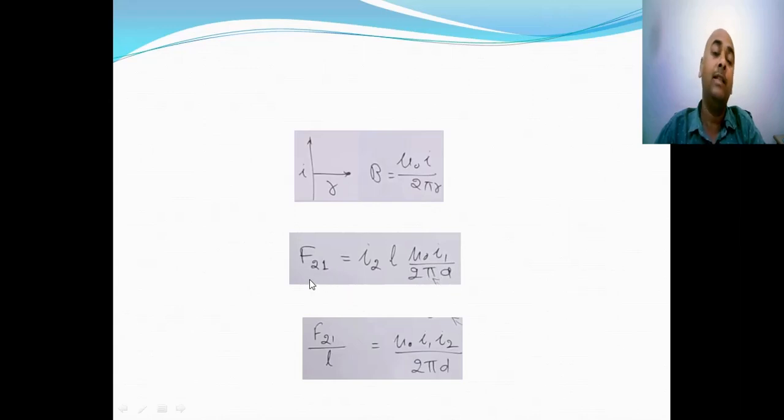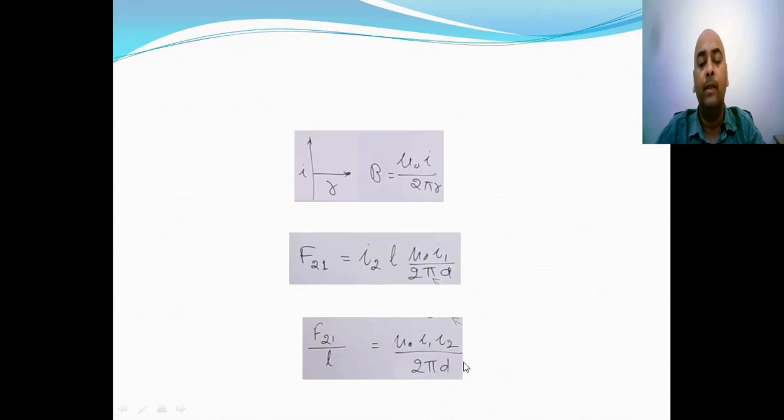So ultimately the force on conductor 2 due to current flowing in conductor 1 is I2 L mu naught I1 upon 2 pi d, or the force per unit length of conductor 2 is mu naught I1 I2 by 2 pi d.